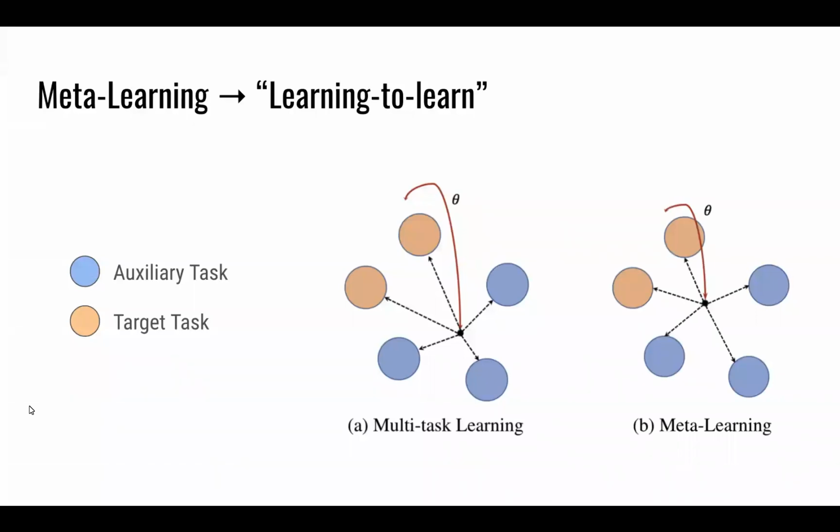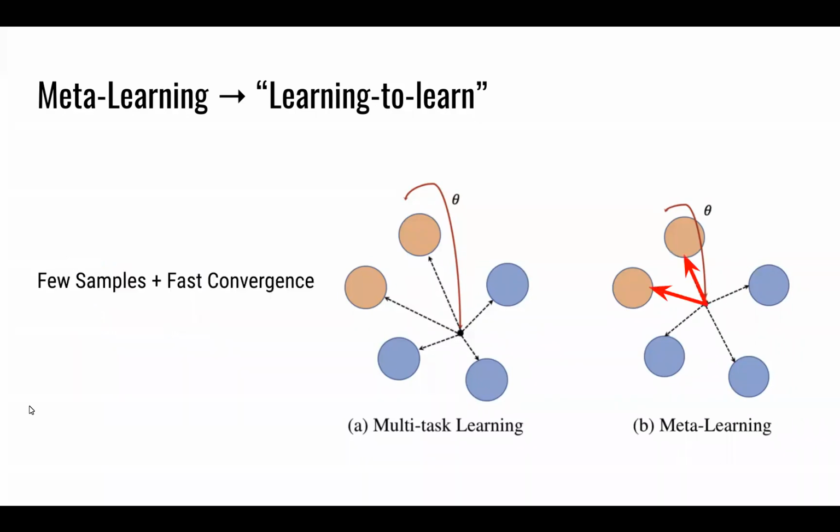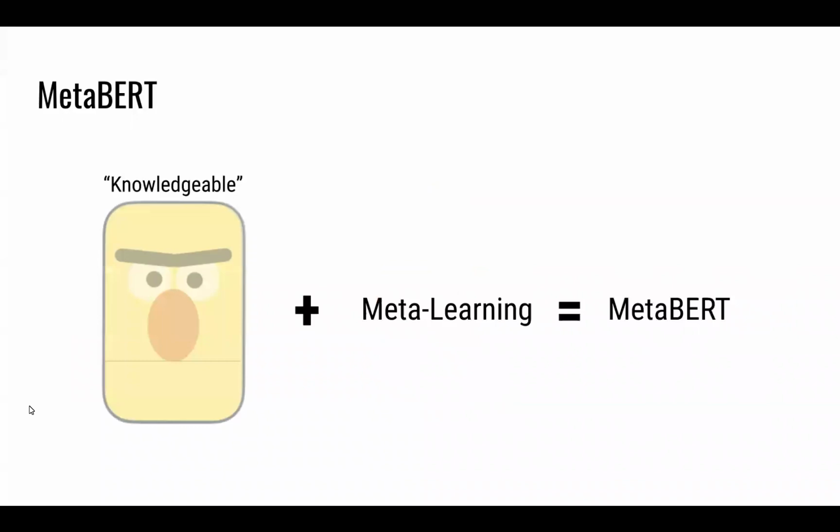Differently, the meta-learning algorithm will place the model in the middle of every task, which means that a model trained with a meta-learning algorithm will be able to leverage the few annotated samples, and it will converge to the target task in a shorter period of time. Therefore, our idea is to further pre-train BERT with a meta-learning algorithm, which is so-called MetaBERT.